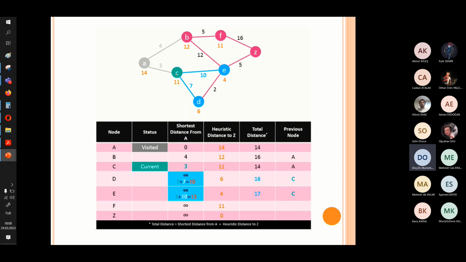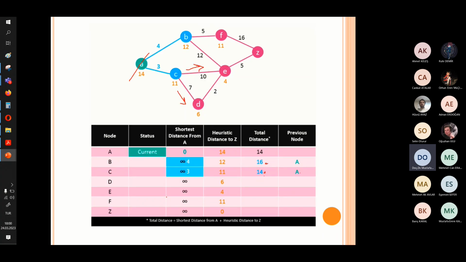We are at C, and reaching E was infinite, as in the case of Dijkstra. Reaching E from A through C will be 3 plus 10, the actual cost. Therefore, it will be 13. 13 is smaller than infinite, so we will put 13 here.